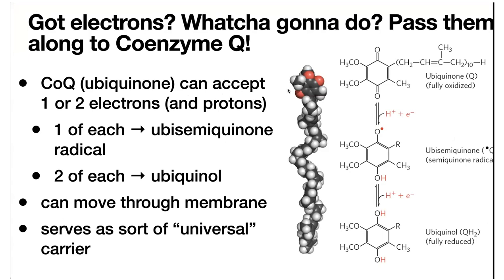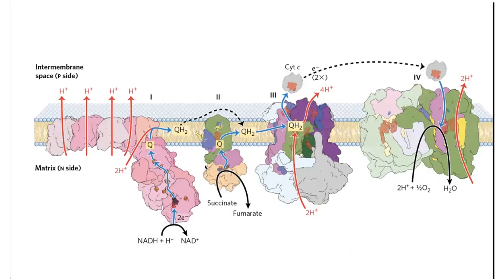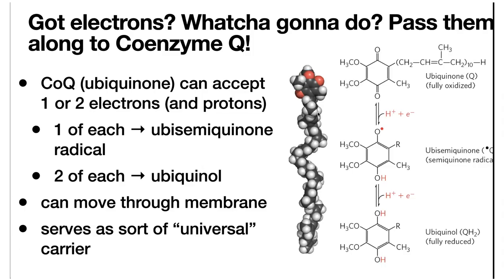Coenzyme Q has this little group where the action is going to be taking place, but it also has this long hydrophobic tail. This long hydrophobic tail is going to allow it to hang out and move around the membrane. That's going to be important in CoQ's role of transporting electrons from one place to the other, that it's able to move through the membrane.